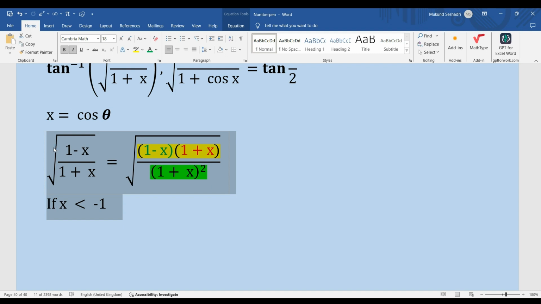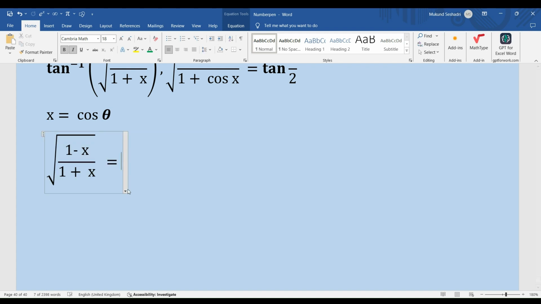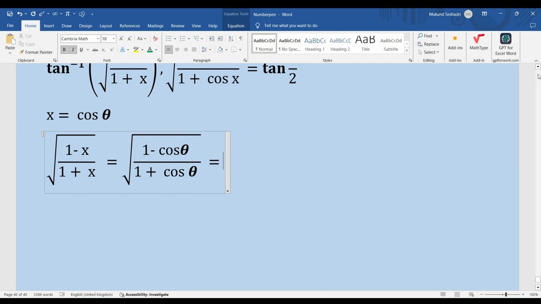So I'm going to delete this and put back my x equals cos theta into this particular expression. When I do that, my x becomes cos theta and the expression inside the square root is 1 minus cos theta divided by 1 plus cos theta. And now I'm going to use the identity which we highlighted above.